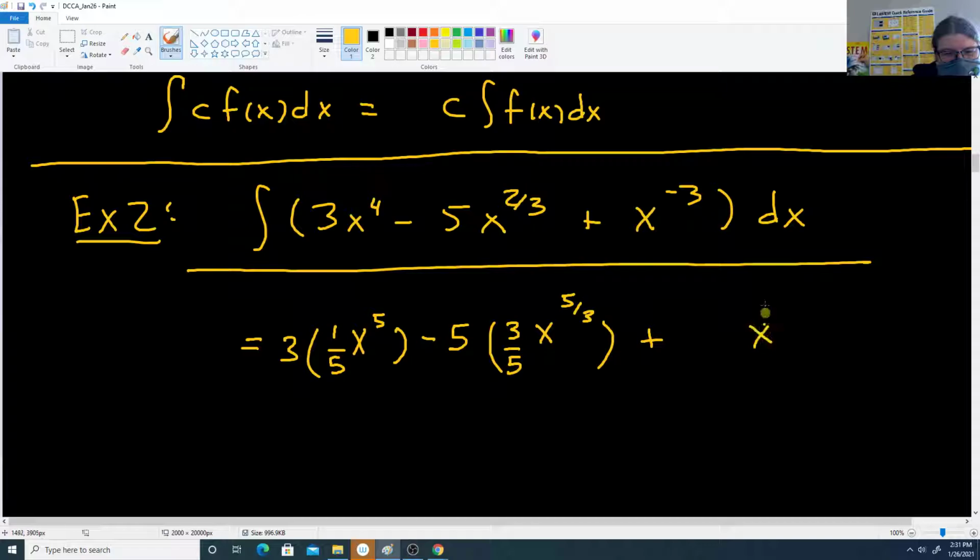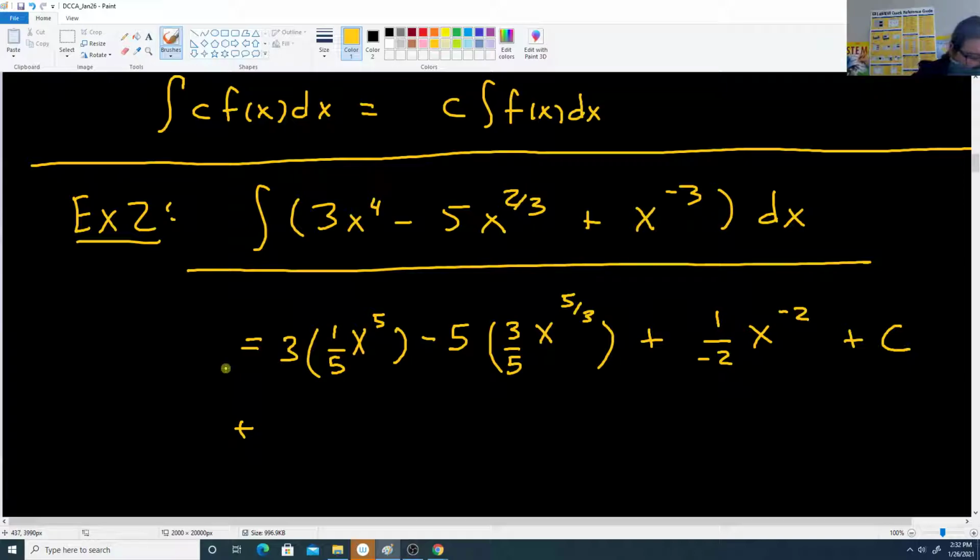And for this one, when we add 1 to negative 3, we get negative 2. The negative 2 would come down, so I would need a 1 over negative 2, so when the negative 2 comes down, it cancels. And then I need a plus constant because I can add any other number since the derivative of all numbers goes to 0. Like the derivative of 10 is 0, the derivative of 300 is 0. So I put a plus c after it.